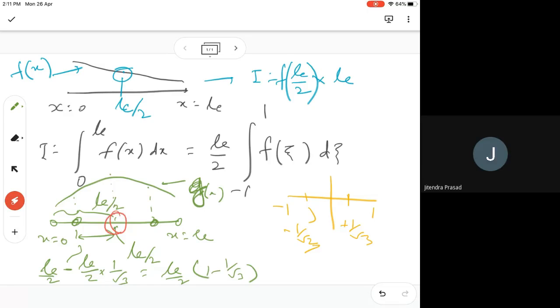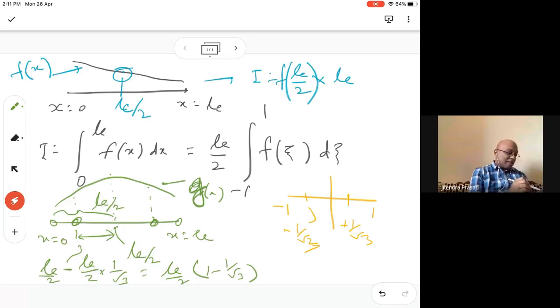If you define the origin such that in the middle it is 0, and here it is minus LE over 2 and here plus LE over 2, then you can remove this term, so your reference changes. Got it?